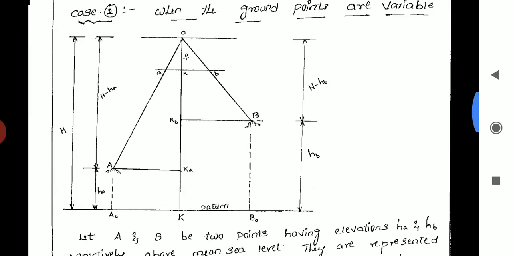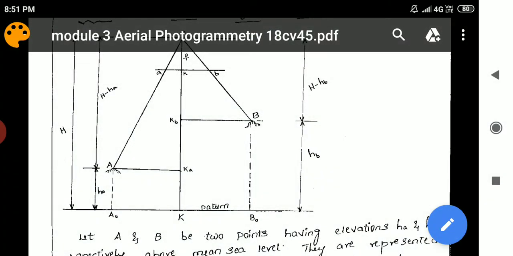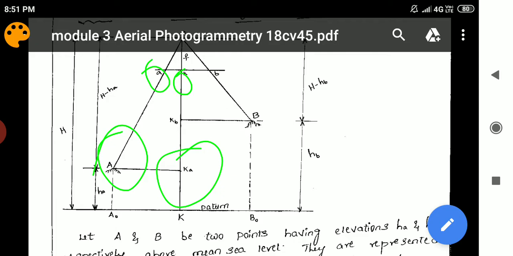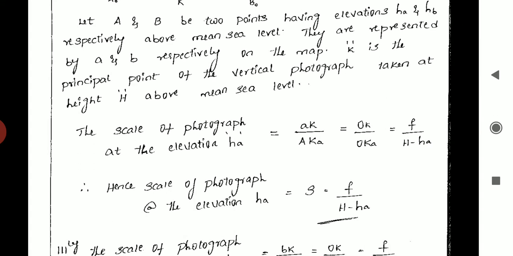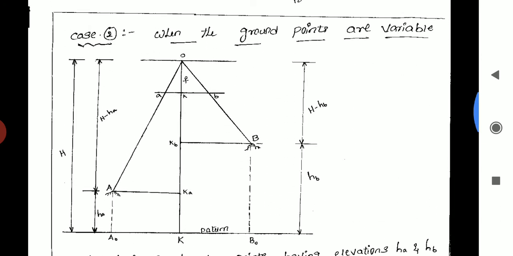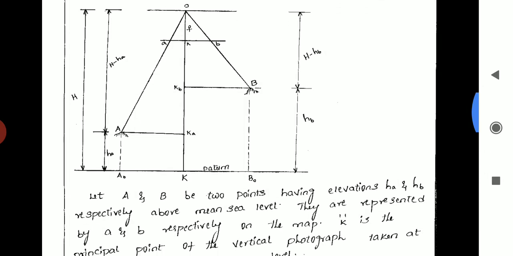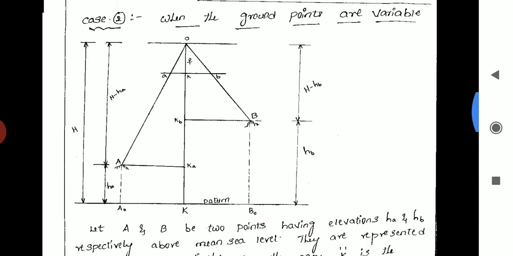At elevation hA, the formula is a into k divided by capital A into K, which by the sine rule becomes O a divided by O A. By using the figure we get these points: O k is f, and O K is H minus hA.